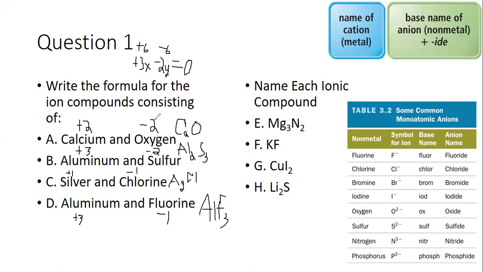Anyways, E, magnesium nitride. So just name the metal, then nonmetal plus ide. F, potassium fluoride. G, copper iodide. H, lithium sulfide. So the naming, as long as it's only one type of ion, I think it's pretty straightforward.